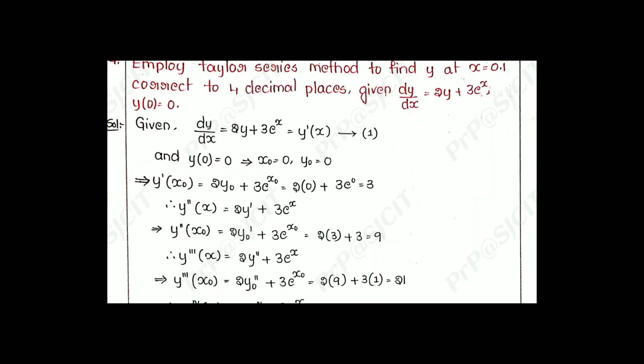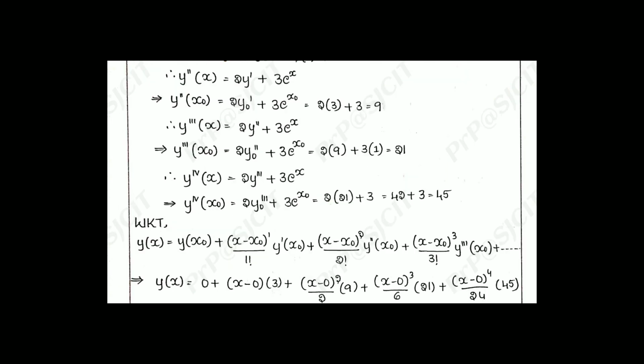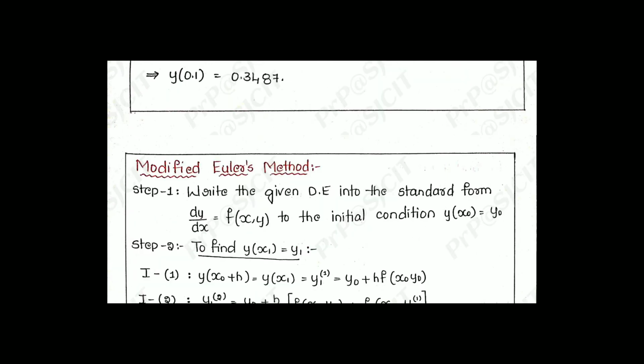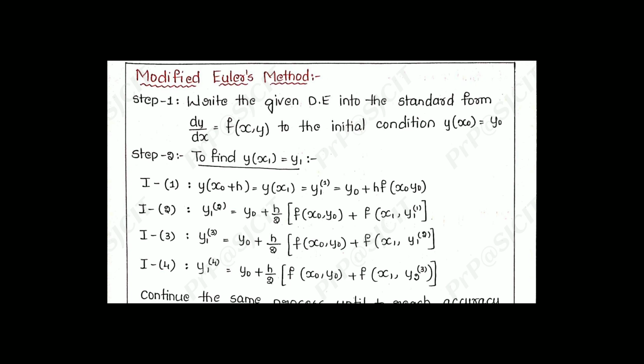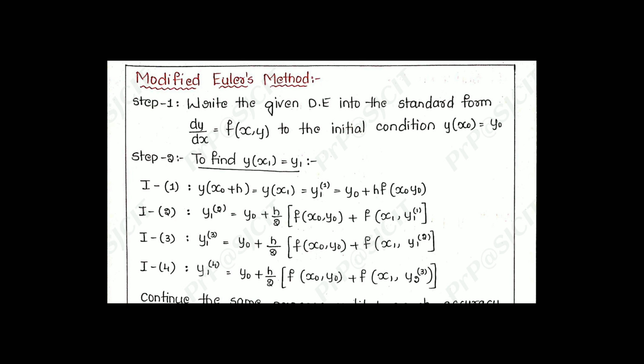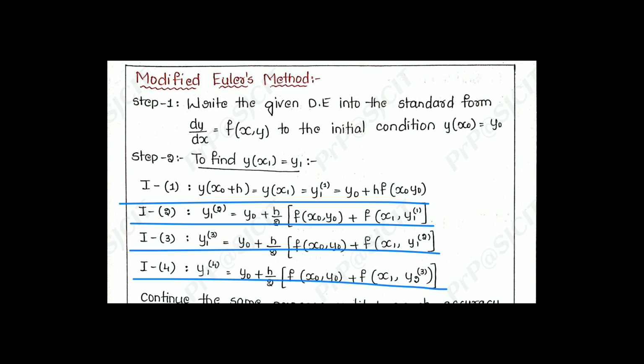That is modified Euler's method. In modified Euler's method, this is the formula to find the value of y of x naught.